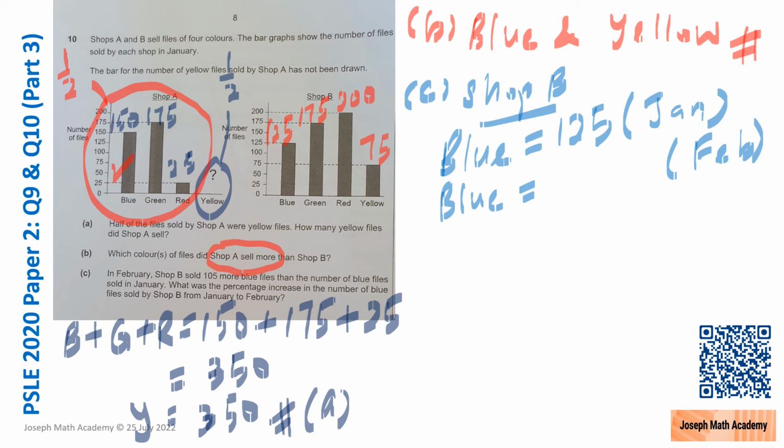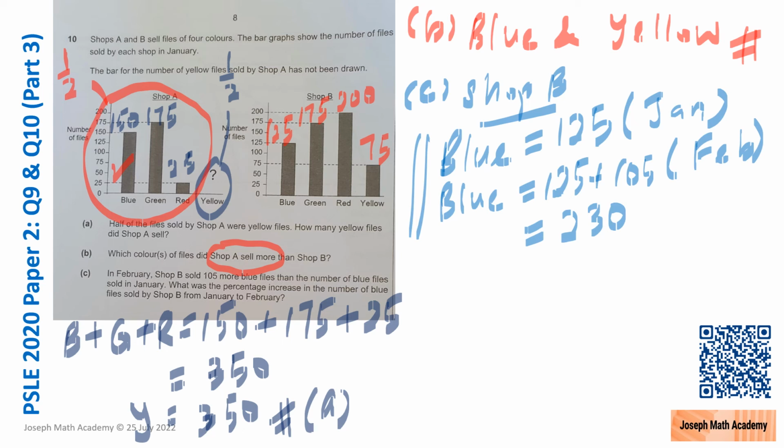It should be 105 more. So you take 125, add 105. So the blue sold in February should be 230. So this information is easily obtained.